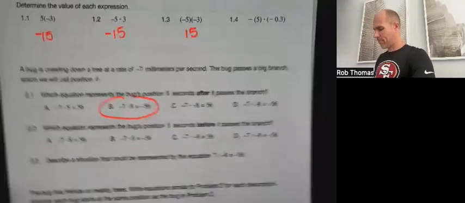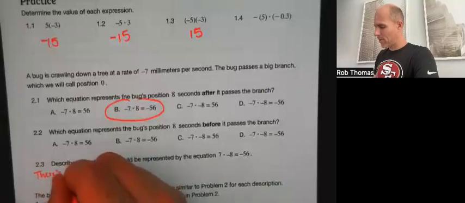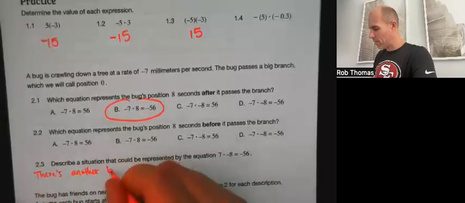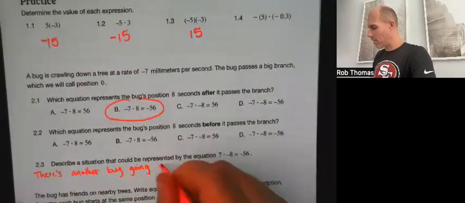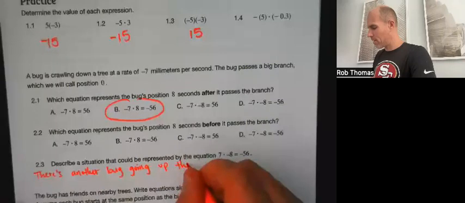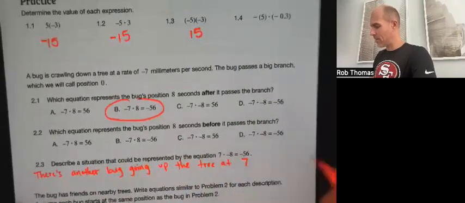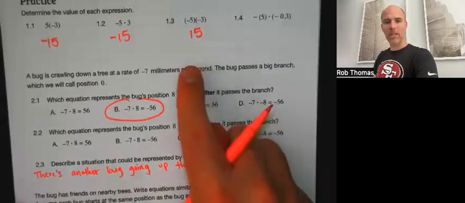So there's another bug going up the tree at 7 millimeters per second.